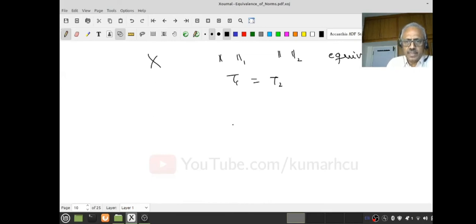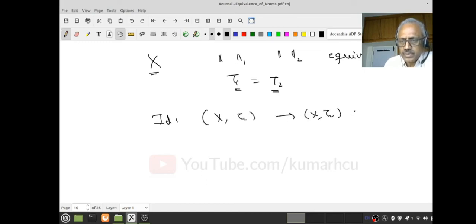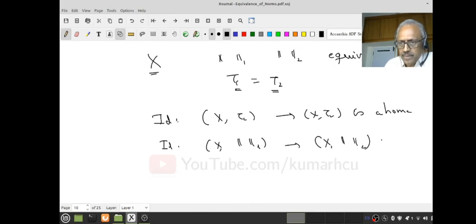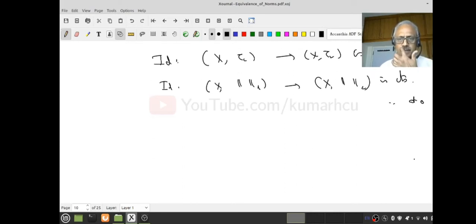If tau 1 and tau 2 are two topologies on the same set X, and they are equal, that means the identity map from (X, tau 1) to (X, tau 2) is a homeomorphism. So in particular, the identity map from this normed linear space to this normed linear space is continuous, and in particular continuous at 0. Remember, identity map is a linear map because X has a vector space structure.